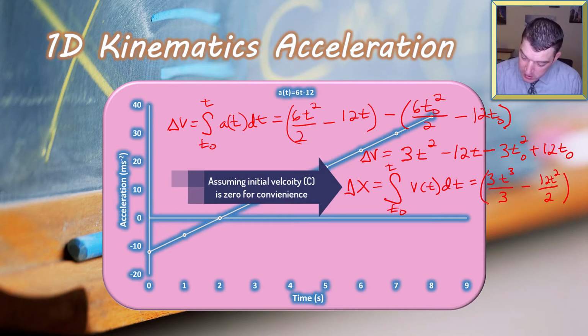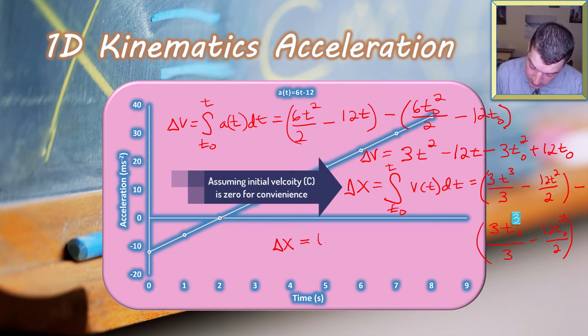Subtract from this the lower boundary of 3t naught cubed over 3 minus 12t naught squared over 2. We can see this cleans up a little bit, and your change in position, 3 divided by 3 is t cubed, minus 12 divided by 2 is 6t squared.